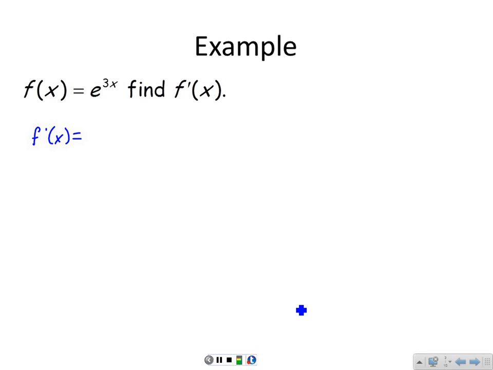The derivative of e to the u is e to the u times the derivative of u. You have to understand coefficients versus exponents, and it's a little bit easier when you're dealing with the exponentials. To rewrite this, we're going to have 3e to the 3x.